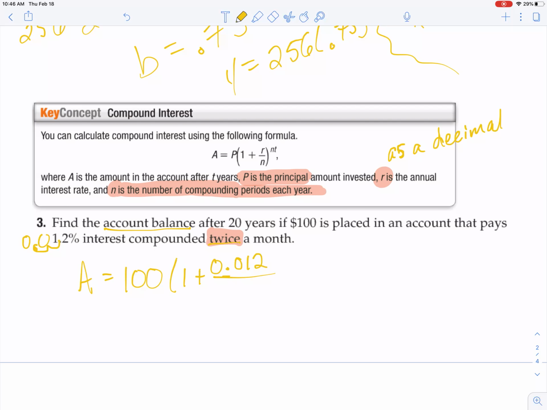Since it says twice a month, how many months are in a year? 12. So if they do it twice a month, that would mean there are 24 compounding periods per year. That's good. And so 24 on top here, because you just use the same value. And we're looking for after 20 years. Great, so plug in a 20 right there.